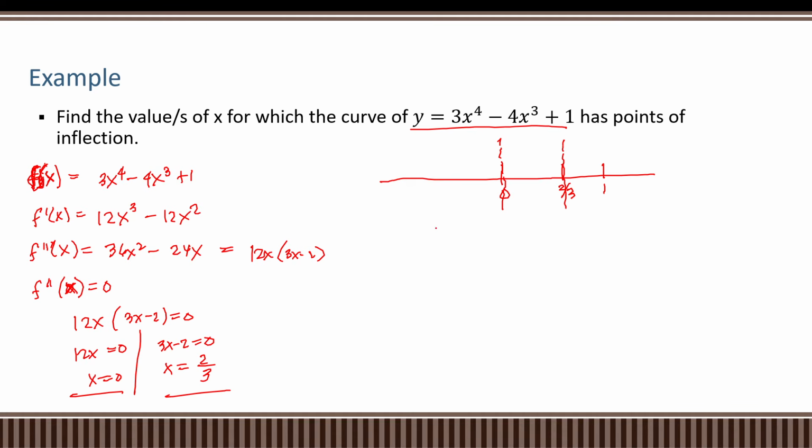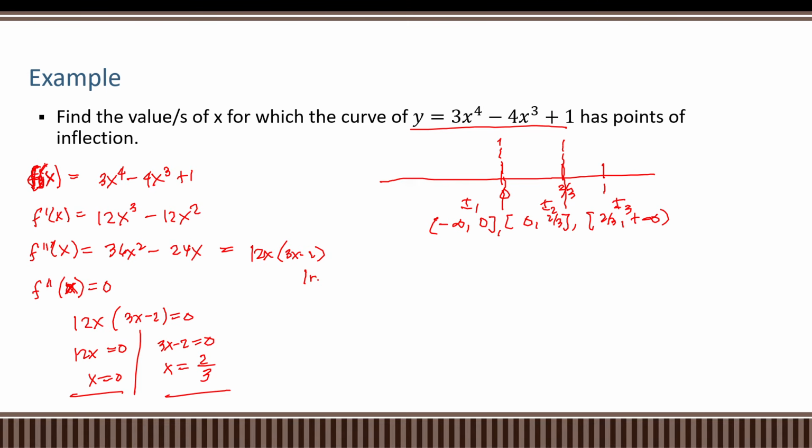The first interval would be negative infinity to 0. The second interval is 0 to 2/3. And the third interval is 2/3 to positive infinity. Let us now set up the table with the interval, the test, and the second derivative.